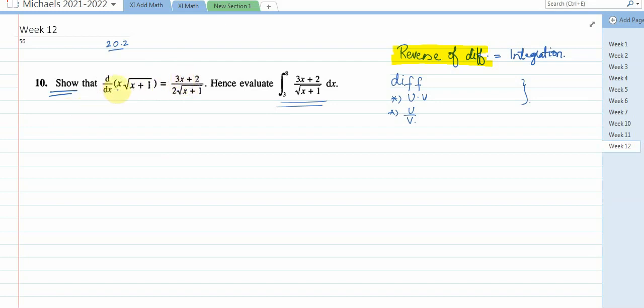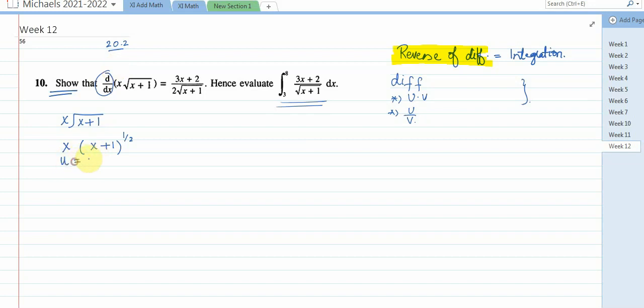So first we are going to differentiate this function. It's x times under root x plus 1. In terms of power, I can say it's x times x plus 1 with the power 1 upon 2. Since there are two functions that are multiplying and we need to differentiate, first we need to assign u and v here.